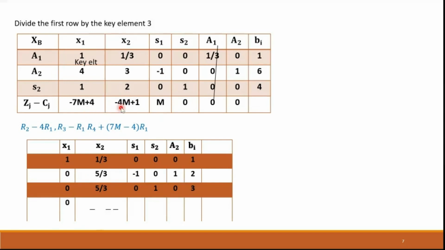What is this value? -4m plus 1 plus 7m minus 4 into 1/3. It is a slightly big calculation, you have fractions, that is why. So it is -4m plus 1 plus 7m minus 4 into 1/3. Is it -5m minus 1 whole thing divided by 3, or only 3 is divided by 1, is the whole thing divided? Okay. What about others? Just write on the paper -4m plus 1 plus 7m minus 4 into 1/3.